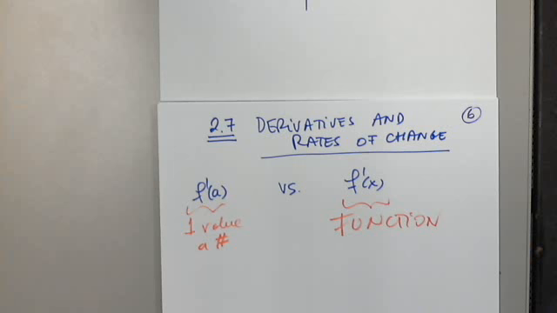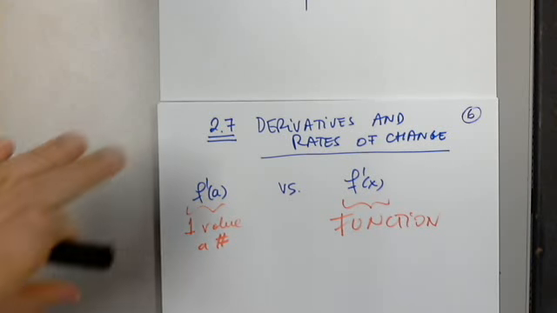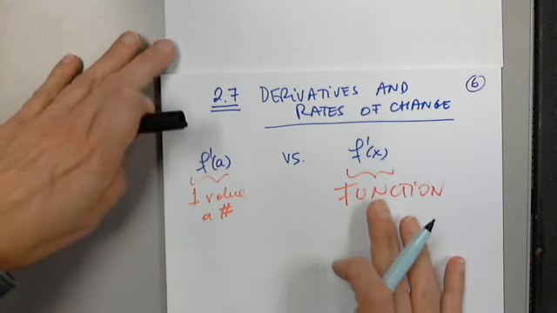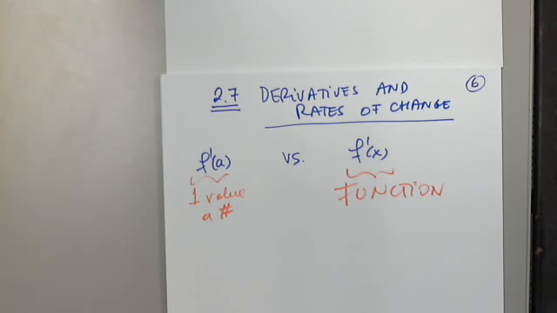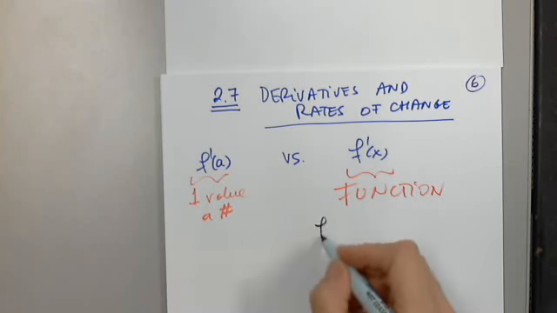But f prime of a is just one slope at one point, just one number. Is that clear? Okay, perfect. Now, how many definitions do we have for f prime of x? Just one, right?